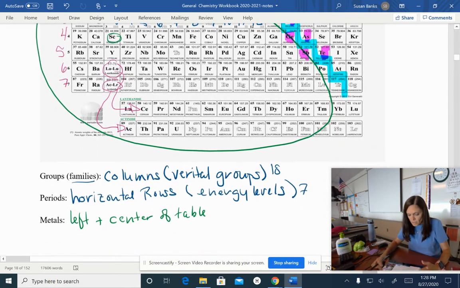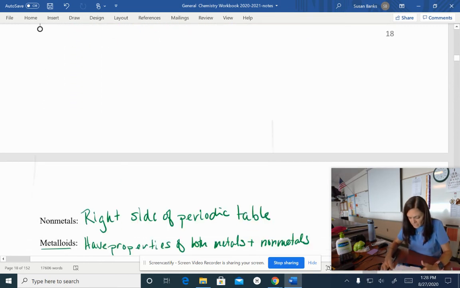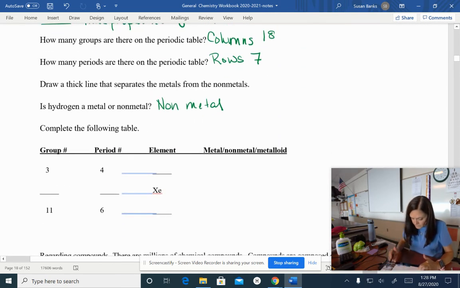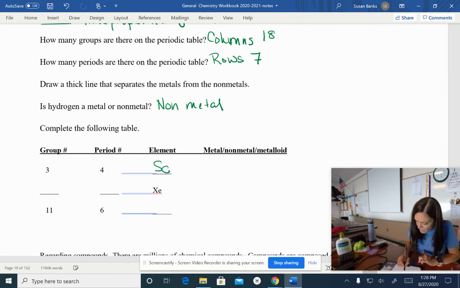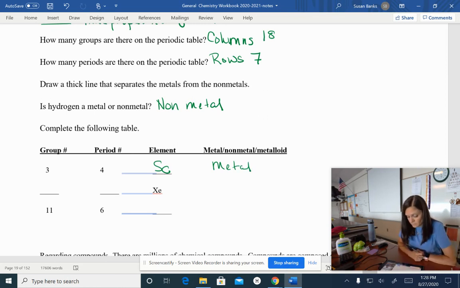So we are looking for scandium right here. And if you notice, scandium was in the metal part of the periodic table. So I would label that a metal. So why don't you try these next 2 on your own and see if you can figure them out.